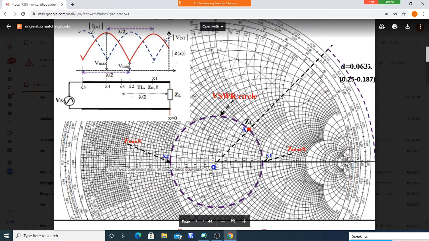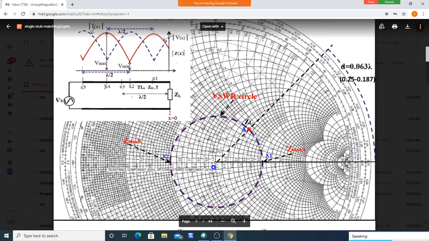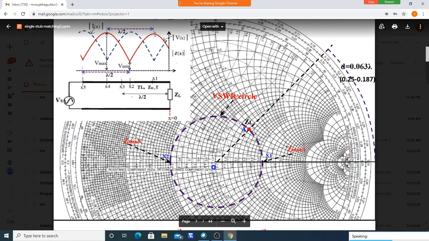Similarly, at x1 there is a maximum impedance, and that same value will repeat at x4. So here, start from here on the Smith chart. At this position there is a maximum impedance, because voltage is maximum at x1.